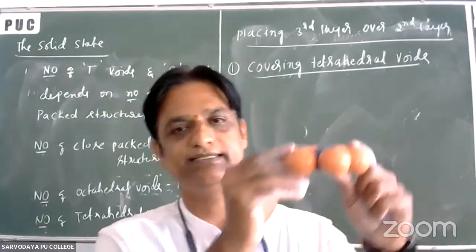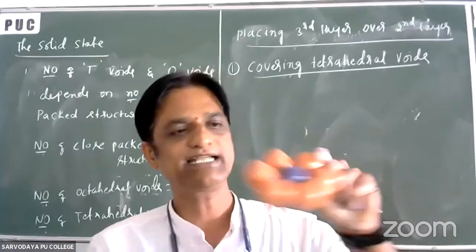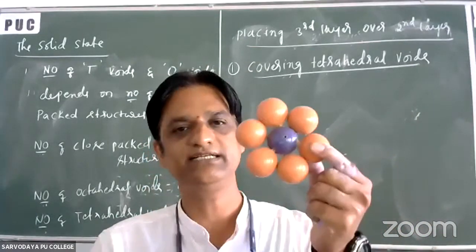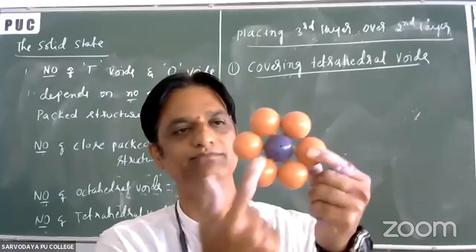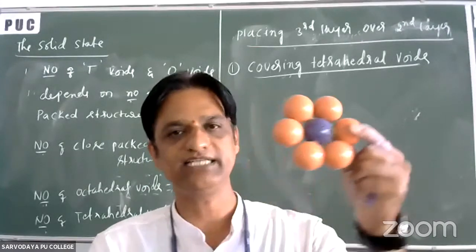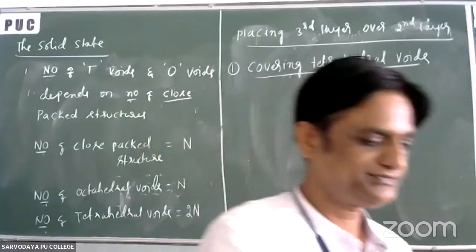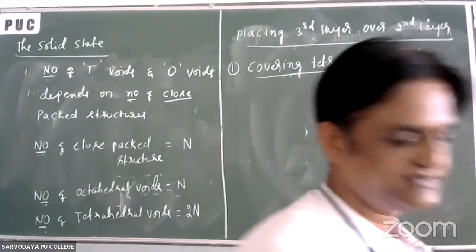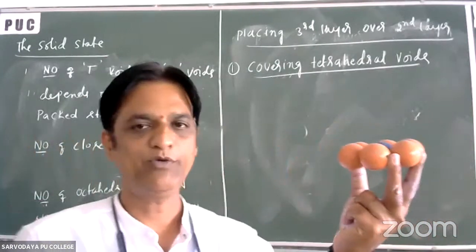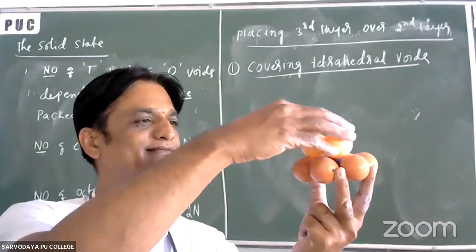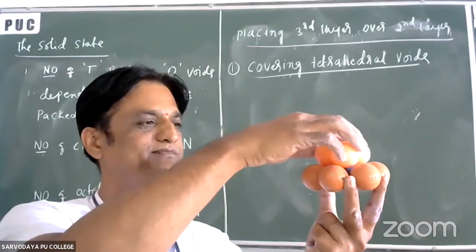See, this is the first layer, which contains voids in triangular shape. Here you can see voids are in triangular shape. This is the first layer. And above this first layer, I am placing the second layer.